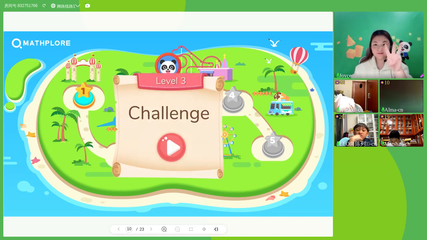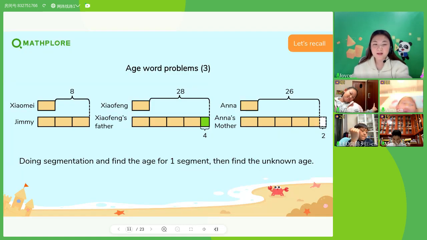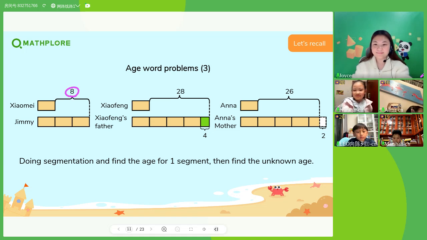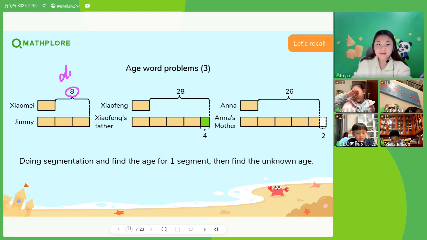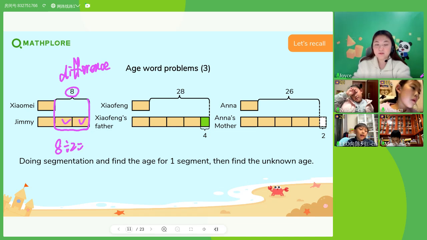Let's turn to the third part. The difference between the second part and the third part is that in the second part we know the sum, but this time, look at the model. What does the number 8 mean? Is that the sum or difference? Difference. Yes. Please remember how we mark sum and difference. If we know the difference, these two parts equal 8, so every one of them is 8 divided by 2, which is 4.